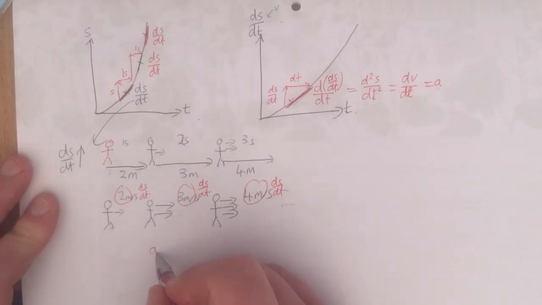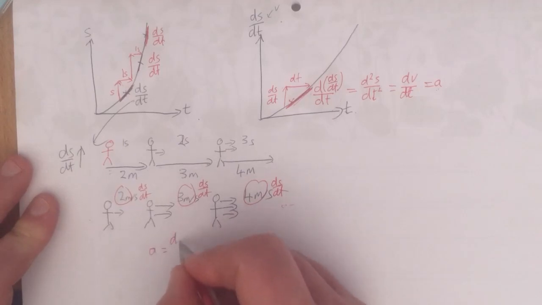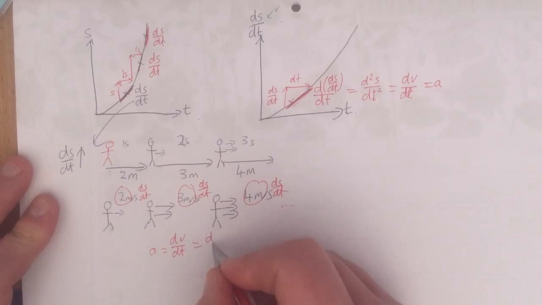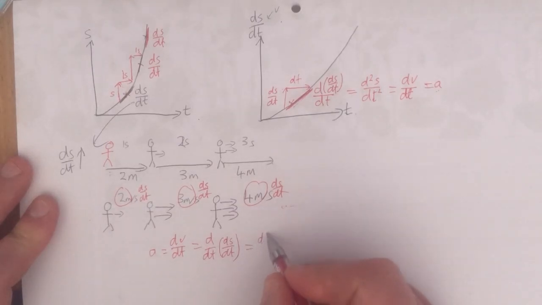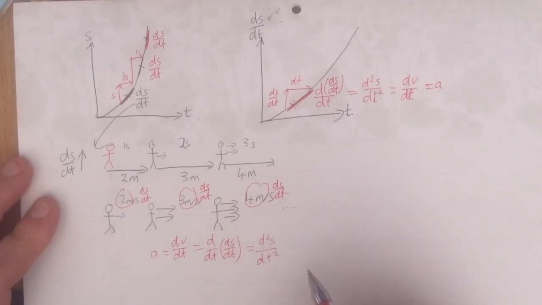Okay, so the acceleration, which is dv by dt, is given by the rate of increase of the velocity, which is ds by dt. I know there's a lot there to get your head around, but try to do it and it might make things a bit easier. It does take a while though. I do appreciate that.